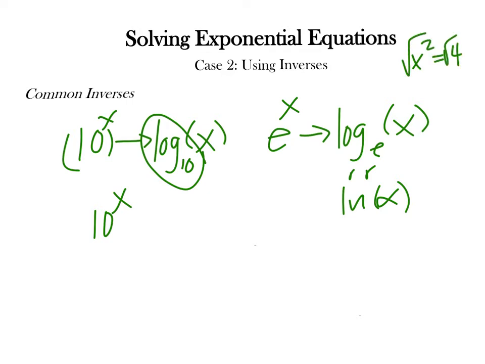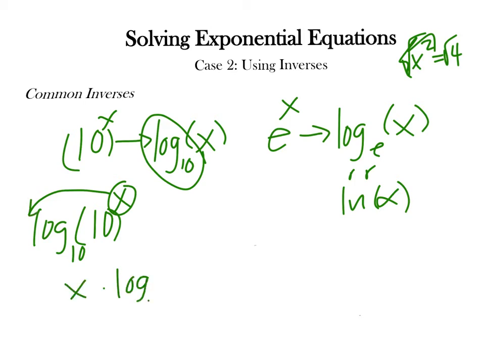If we square root, this cancels. Well, if we take the log base 10 of this piece, we're actually going to be able to use the log rules to move this to the front by using the power rule. This allows us to say x times log base 10 of 10.